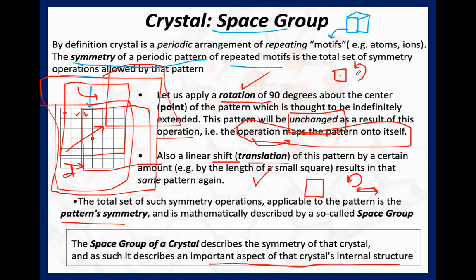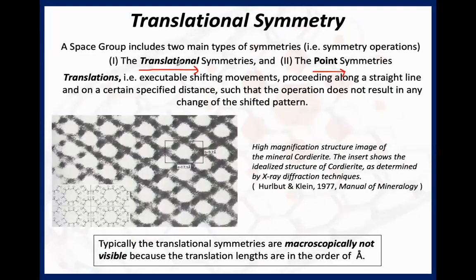It is along a point that we are rotating, so this is a point symmetry. Rotational symmetry always defines a point symmetry. The translational symmetry always means movement in one direction, so it's a kind of vector symmetry. Shifting movements are the translational movements, if you don't see any difference. For example, even here.